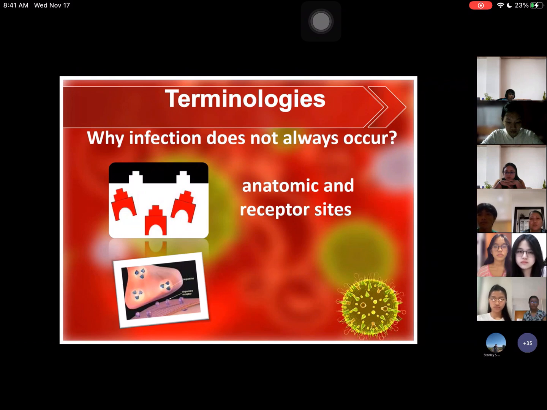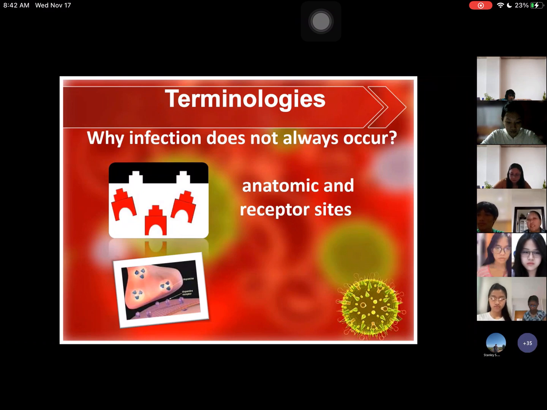First, anatomic and receptor sites will be one of the reasons. Anatomic sites is where infection does not always occur because, for example, if the pathogen or microorganism is anaerobic, it may land on a certain anatomic site where it cannot survive, for example the skin.